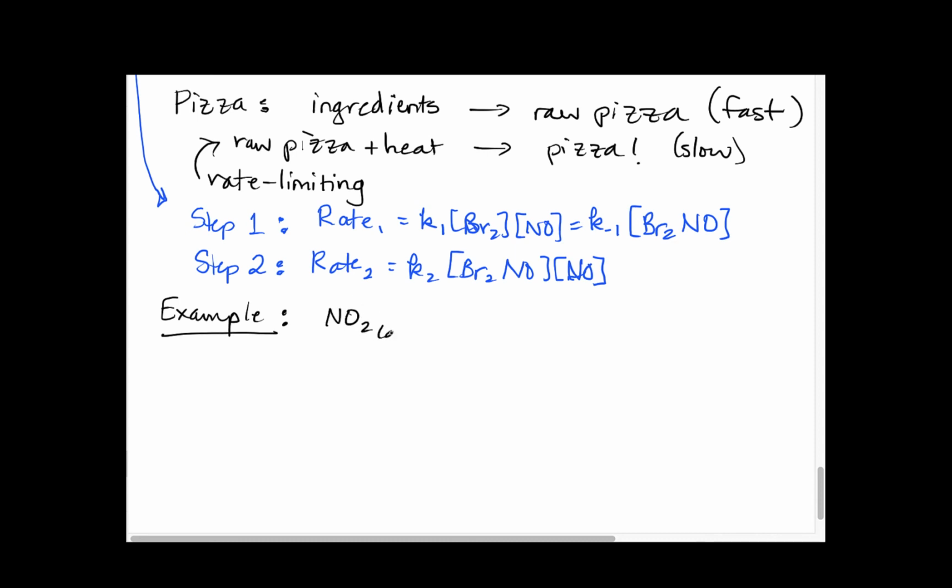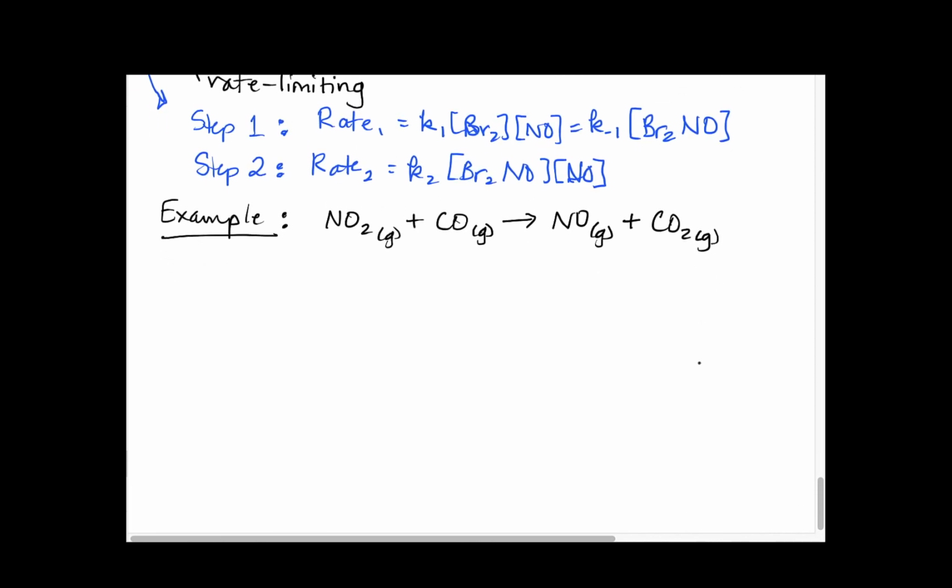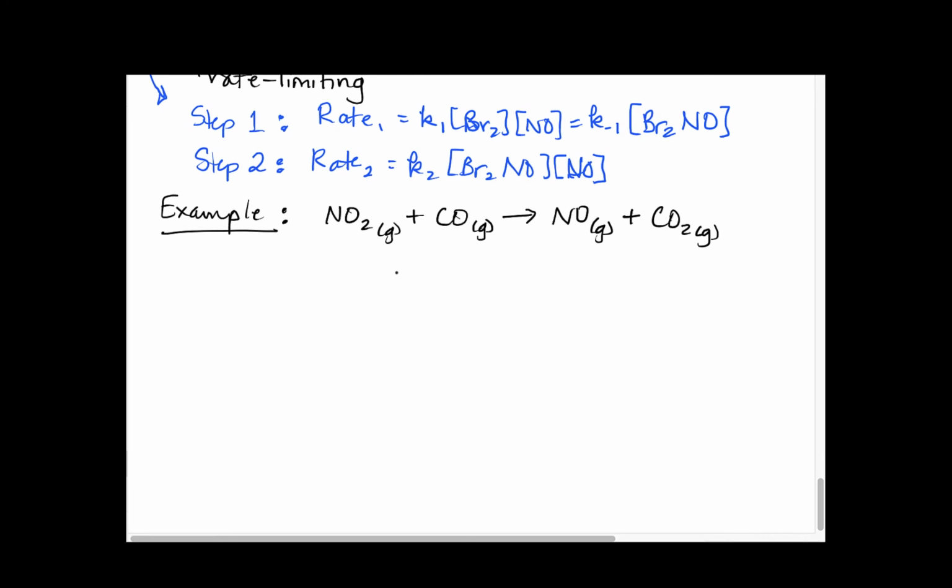In this example, we're going to have more of that smog gas reacting with another gas, air pollutant, carbon monoxide, nasty stuff, making nitric oxide and carbon dioxide. Arguably, this right-hand side is maybe less nasty than the left-hand side, but they're both not great.